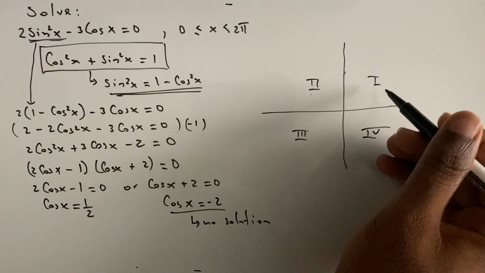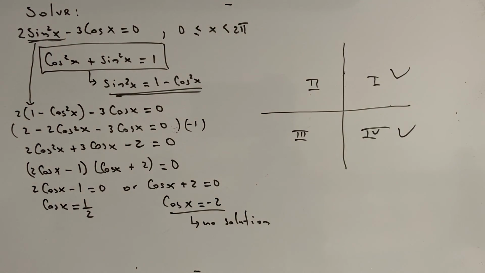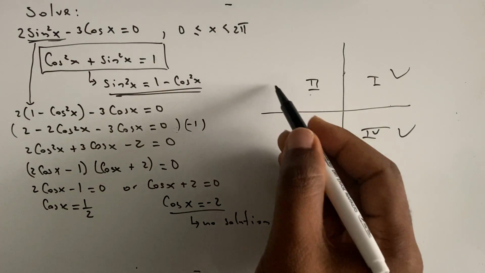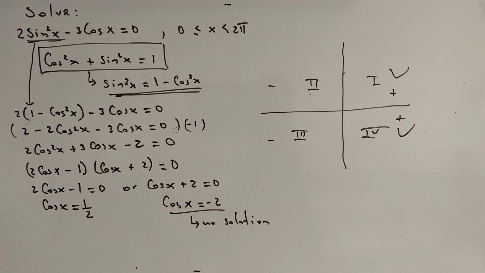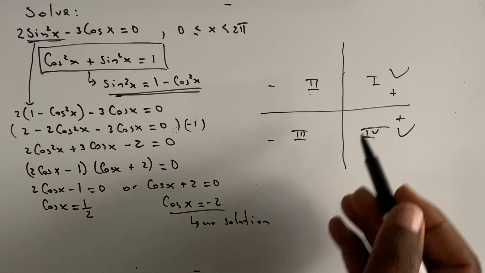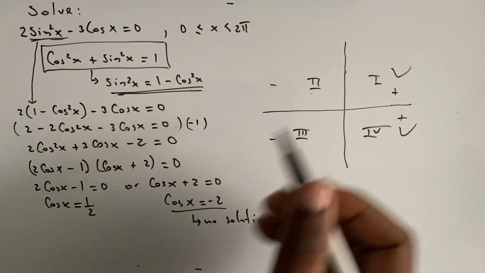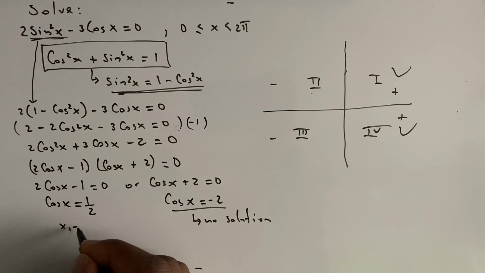Cosine is only positive in the first and fourth quadrants. In the second and third quadrants, cosine is negative. So this is where you have to grab your angle. The angle in the first quadrant whose cosine is half is pi over 3, right? So x1 is pi over 3.